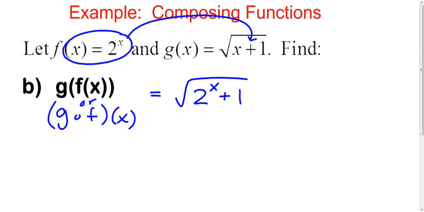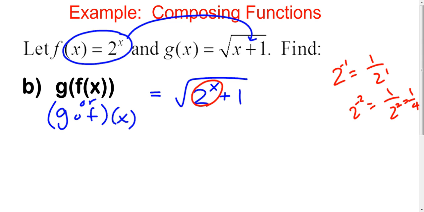The only way you would need to place more restrictions on it is if you could get a negative quantity underneath the radical. But 2 to any power you could ever have, 2 to the 1, 2 to the 1/2, 2 to the -1. If you remember, 2 to the -1 is 1 over 2 to the 1. 2 to the -2 is 1 over 2 squared, or 1/4. So there is no number, like 2 to any power at all will always be a positive number.